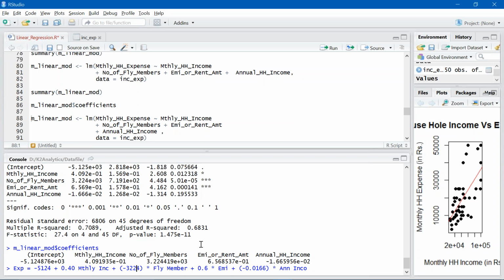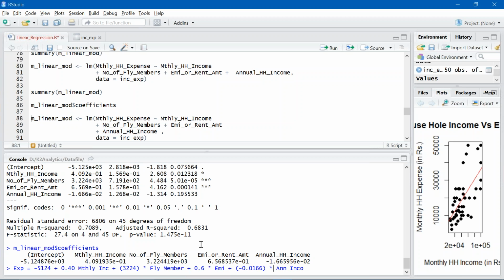Okay, so here we agree that the beta of family members should be positive. If someone is staying on EMI or rent, will that family's expense be higher? Yes. So again, the beta for this variable should be positive. If a family's annual income is high, then their expense should also be high.